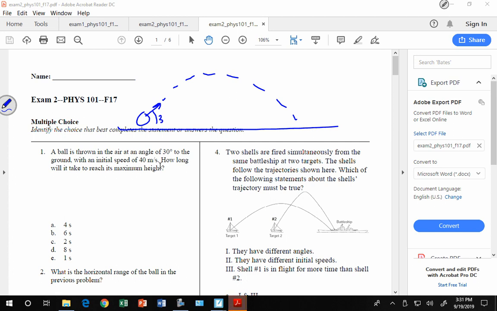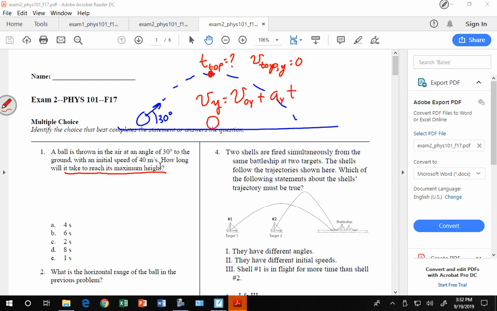I know this angle is 30, and I want to know how long it will take. Then we'll ask what the y height is after that. But here I just want to know how long it takes to reach its maximum height. So I want to know what t-top is. I know that v-top in the y direction is equal to 0. So I can say that vy equals v naught y plus a y t.